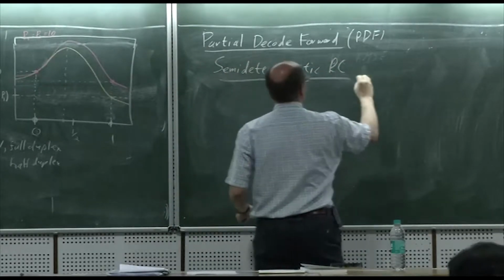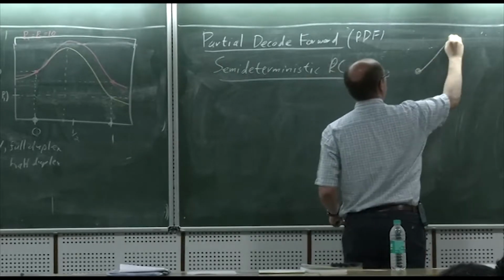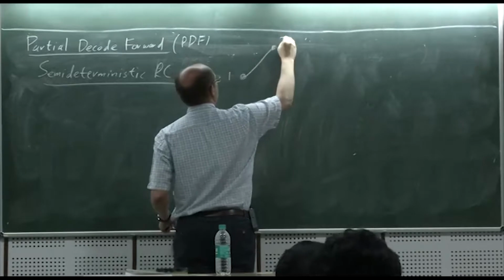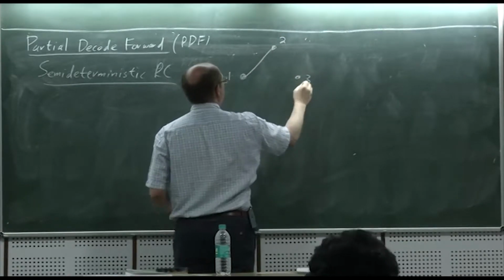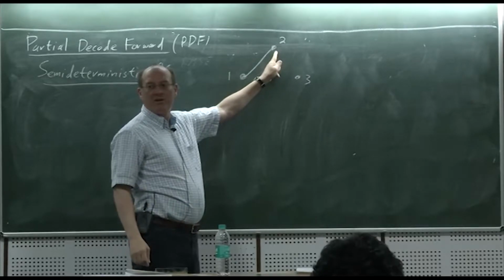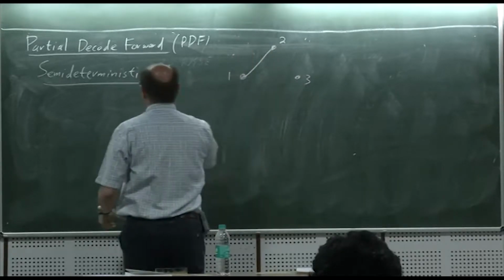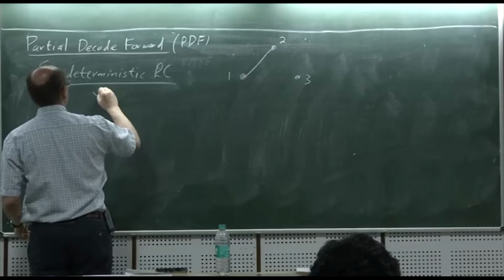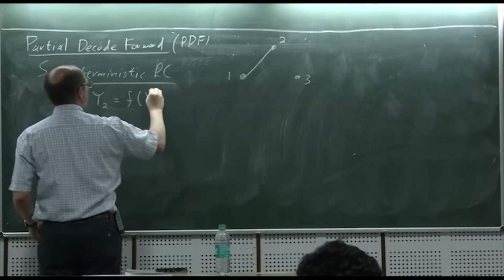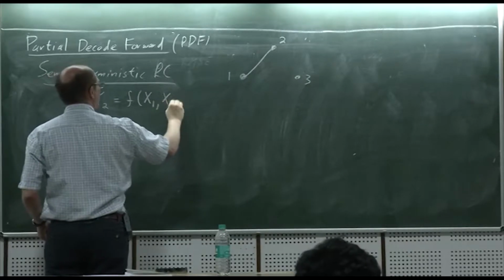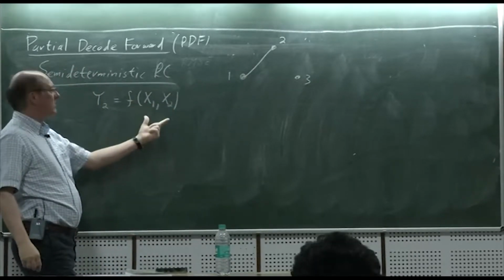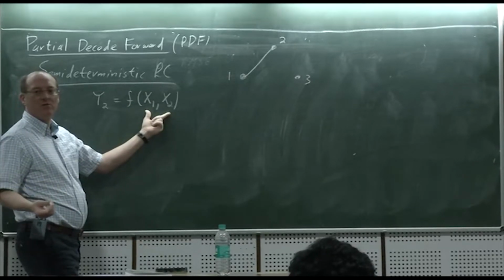What we mean by that is that, if you think of nodes 1, 2, and 3, the way you can think of this is, this is just a wire, okay? And it's noise free. So what we mean by semi-deterministic is that Y2 is some function of the two inputs. Usually we're just interested in one of the inputs, but let's say, more generally, it's a function of both of the inputs.